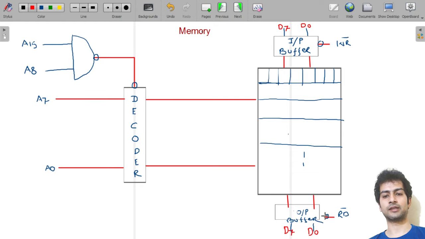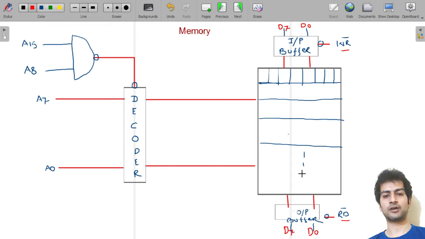Here we see that we have two control signals: one is write bar and one is read bar. The data will come from the microprocessor and get stored in the input buffer, and when the control signal write bar is activated, the data will come inside the memory.